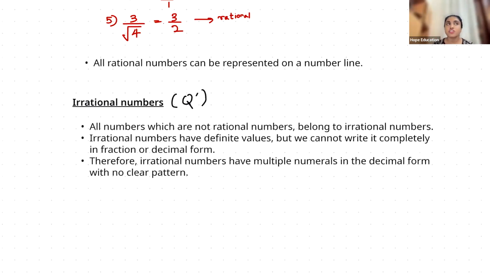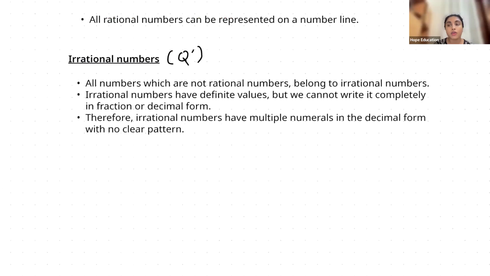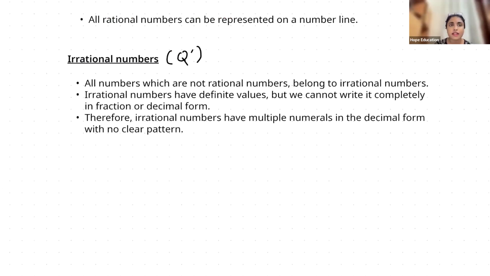Okay. So previously, when we were talking about rational numbers, we said that certain numbers don't belong to that rational number category. Those are what we call irrational numbers, right?